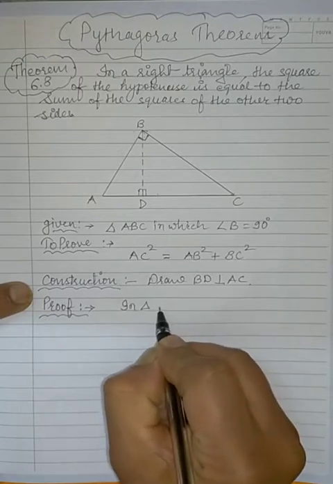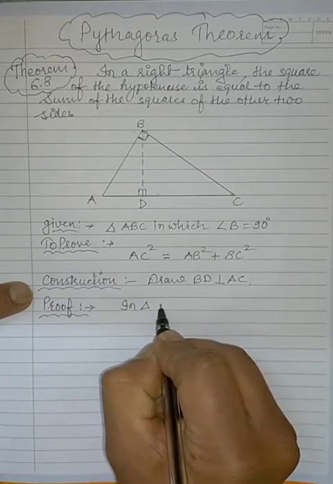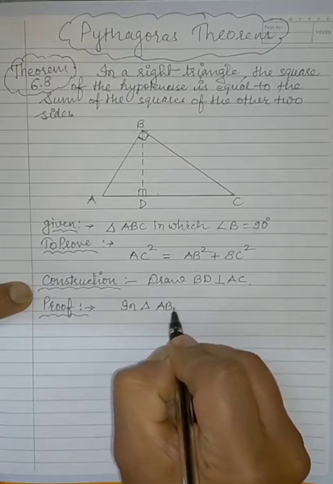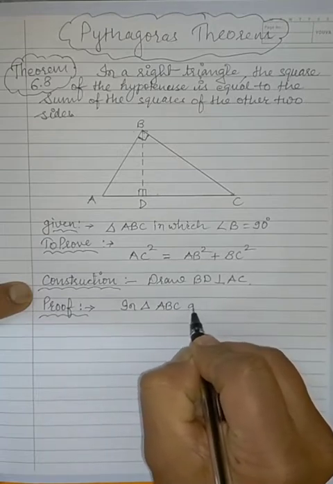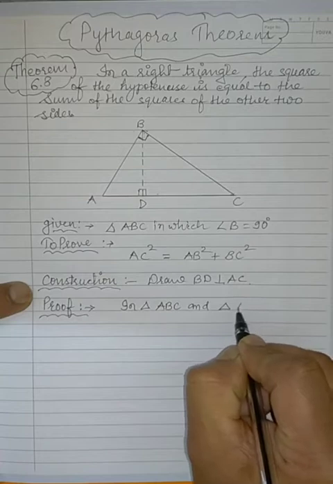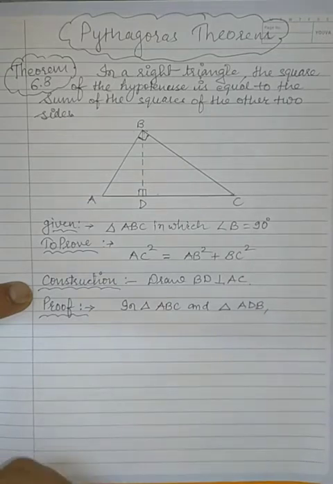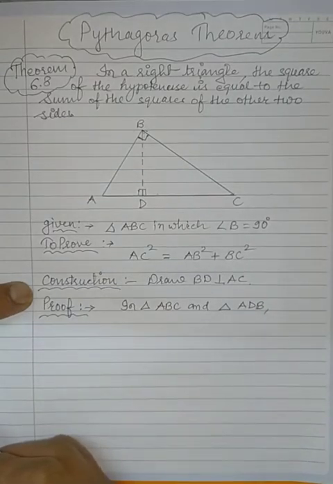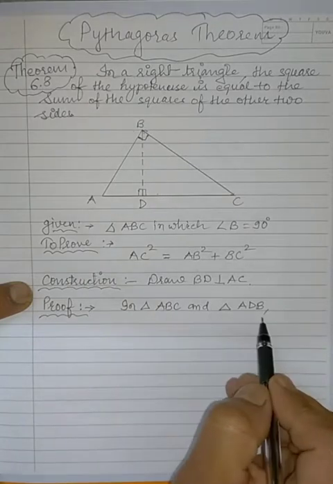In triangle ABC and triangle ADB, you can see the order which I have taken here.